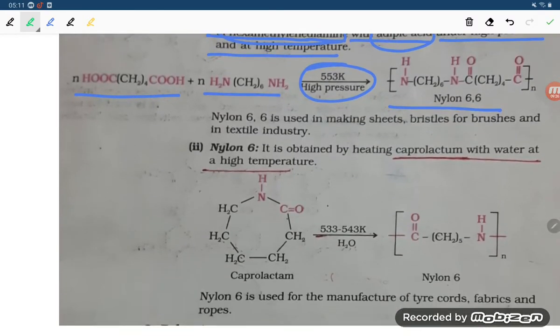Let us have a look at nylon 6, which is also an example of condensation polymerization, student. It is obtained by heating caprolactam with water. If you heat the caprolactam with water at high temperature, you get nylon 6, student. Getting nylon 6 is quite easy.